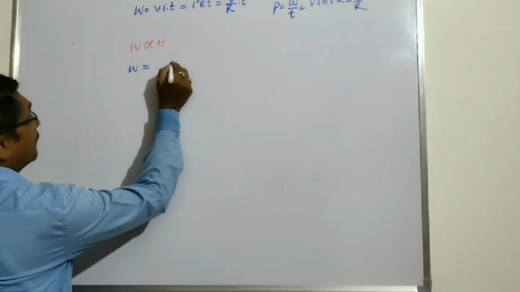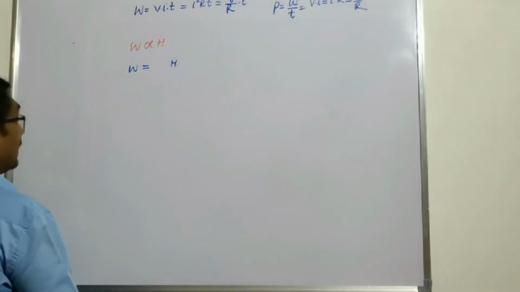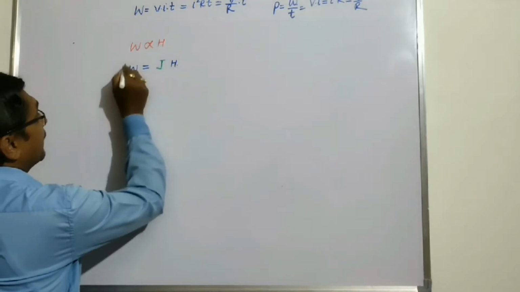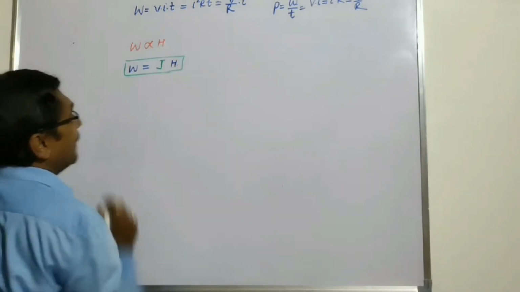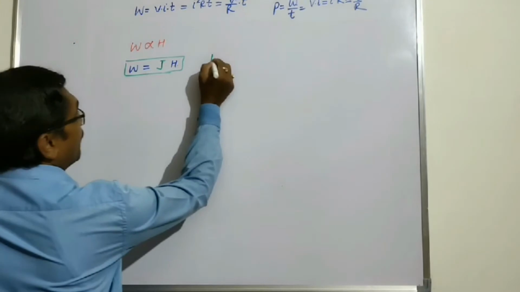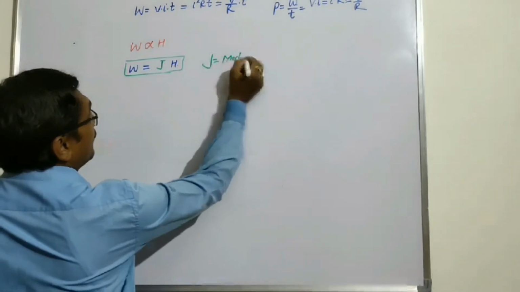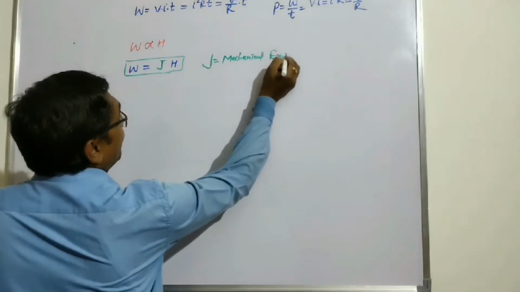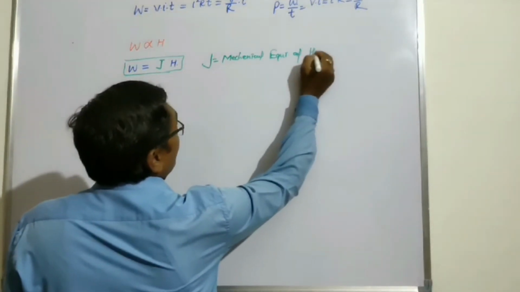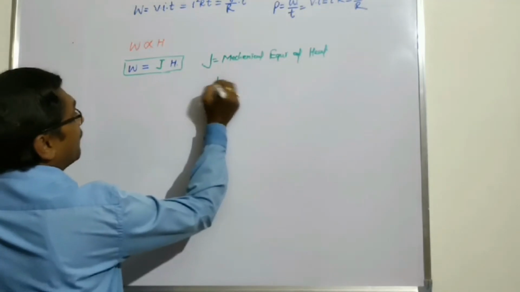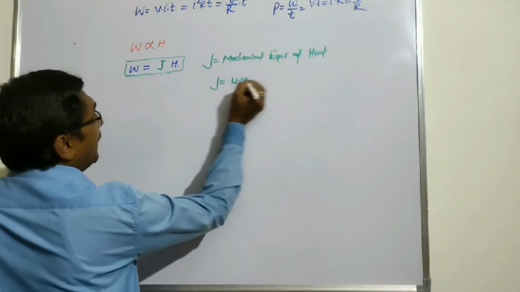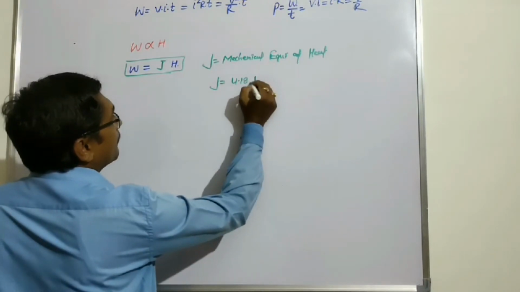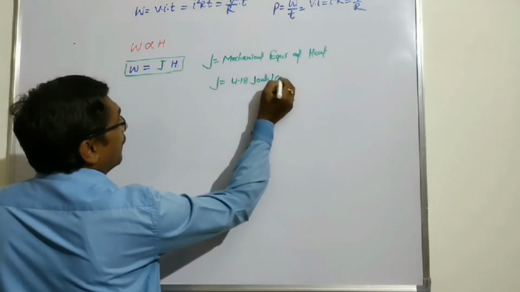W, work done, equals H, and now we use one constant value. This constant is called J. Here J is called the mechanical equivalent of heat, and the value of J equals 4.18 joule per calorie.